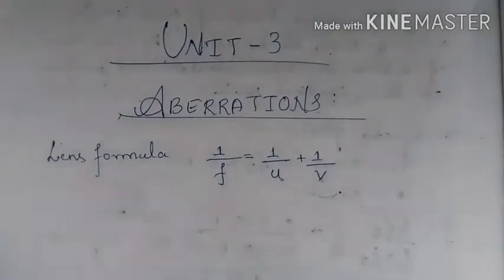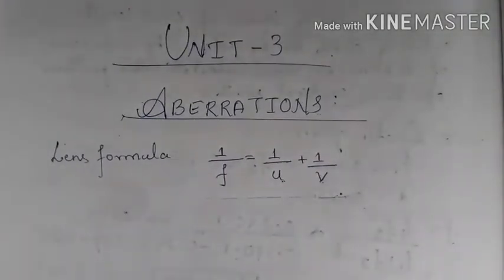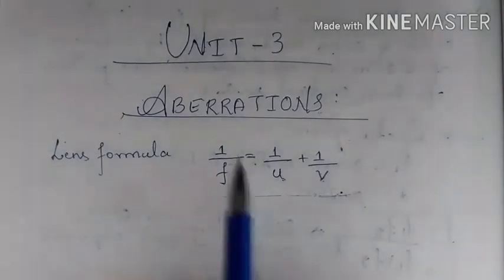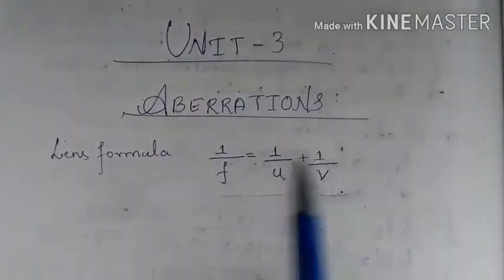Now this formula is only applicable when the lens is a thin lens. If the aperture of the lens is very large, then you don't get the exact values of f, u and v.